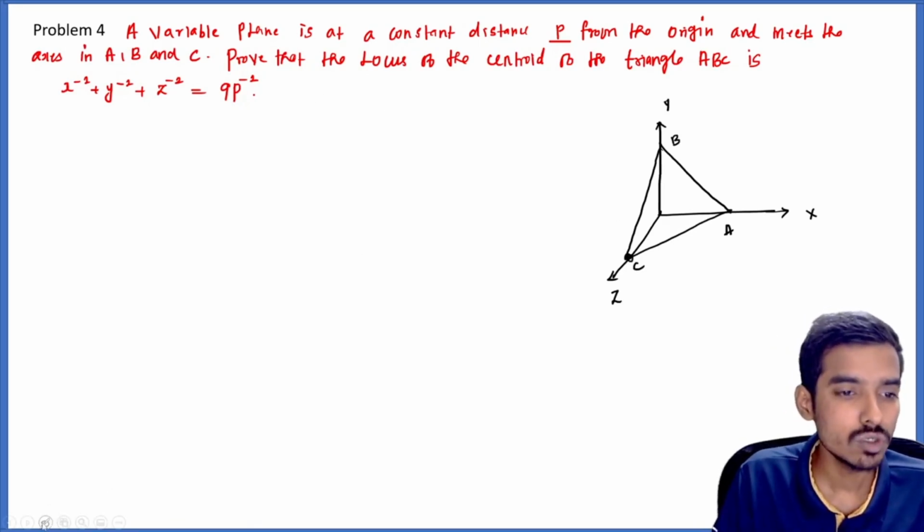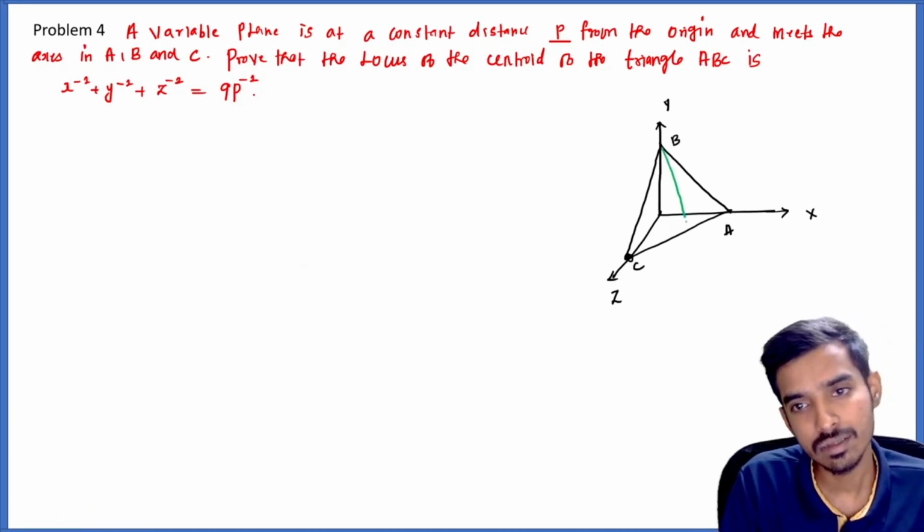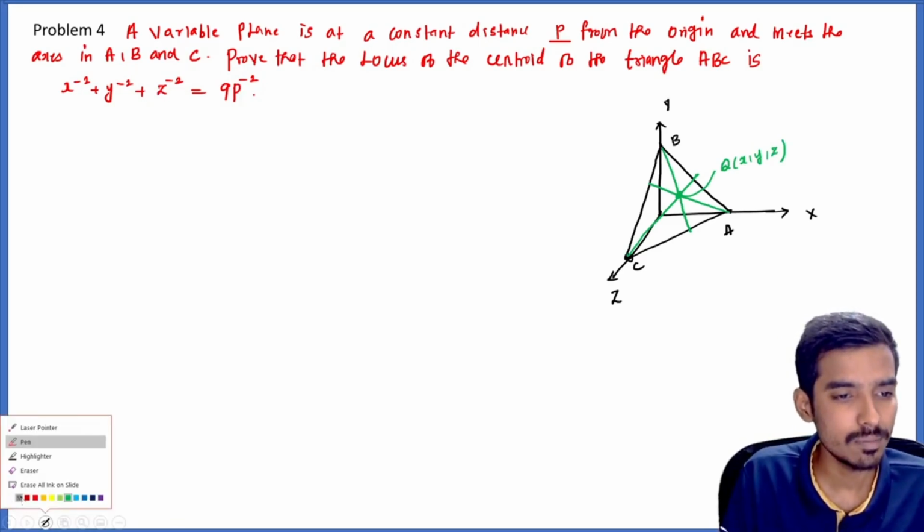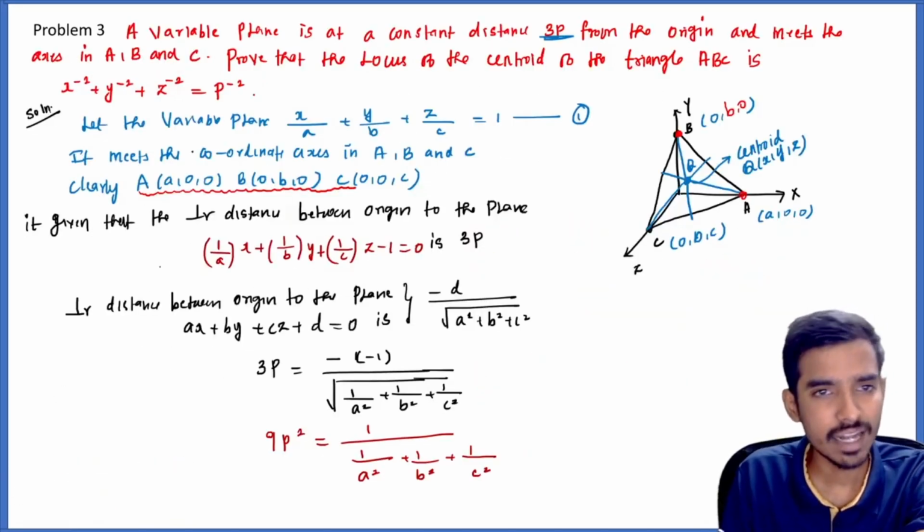Now you need to show the locus of centroid of triangle is, let us say this is one altitude, let us say this other altitude or median, and let us say this other altitude or median. This is centroid of triangle. So let Q be the centroid. Let's call it x comma y comma z, right? I'm going to follow the same method as in the previous problem.